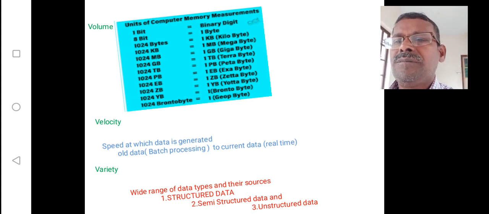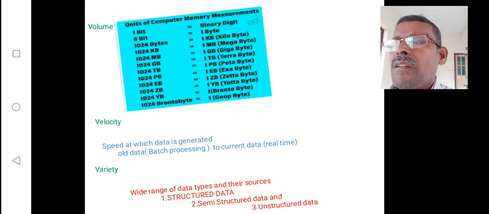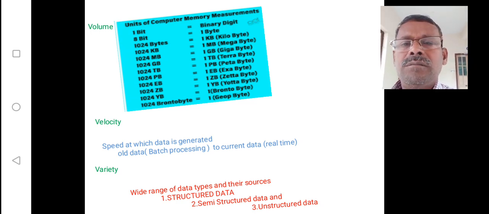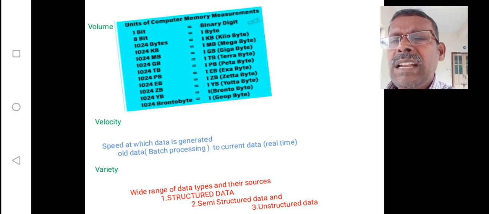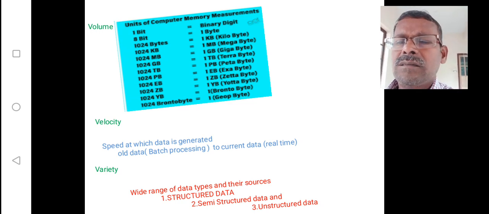What do we mean by bit? It is a short form of binary digit. There are a few more memory units: petabyte, exabyte, zettabyte, yottabyte, up to zip byte.